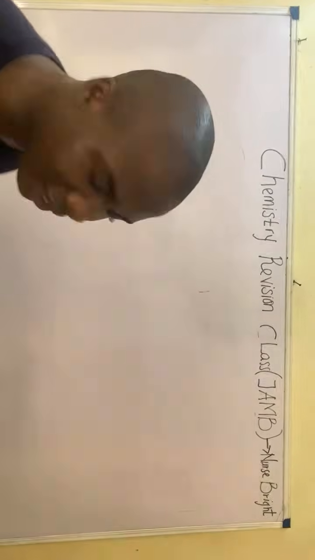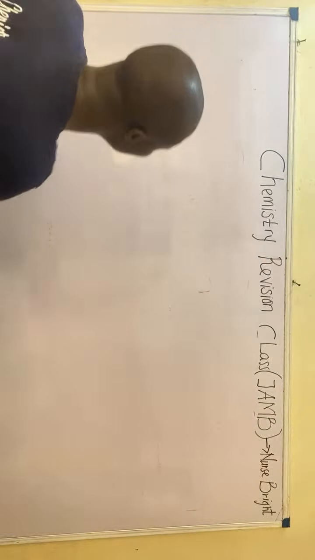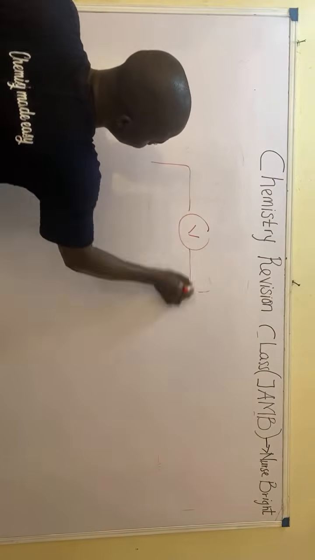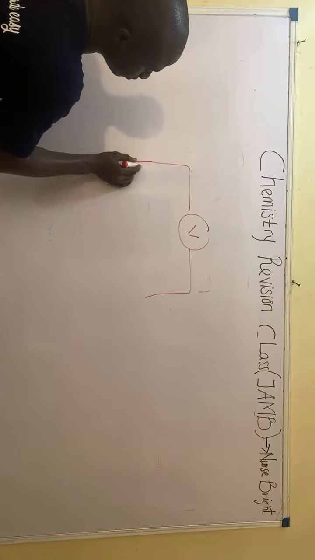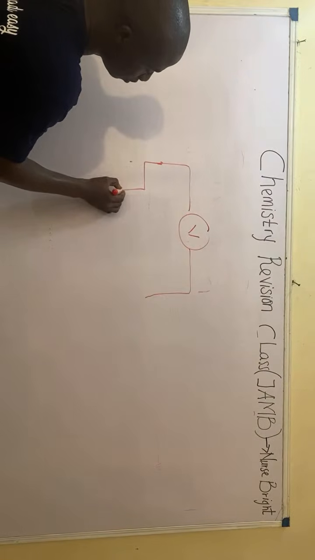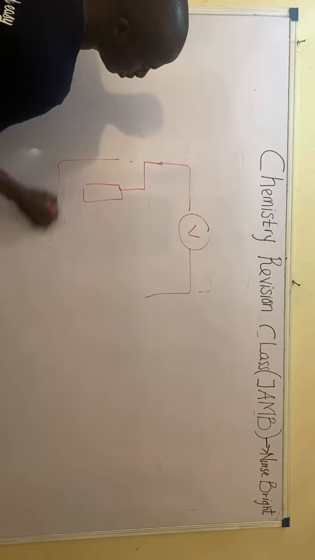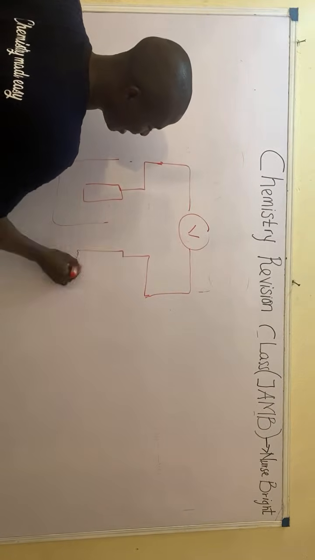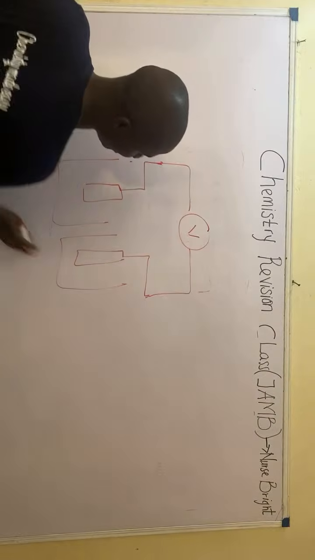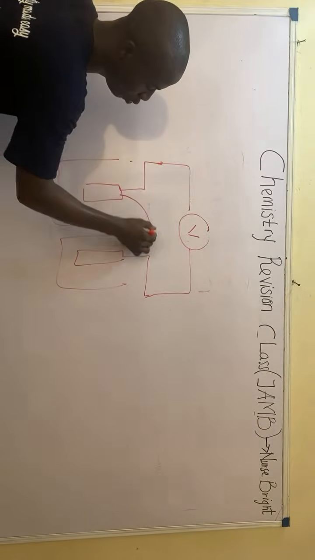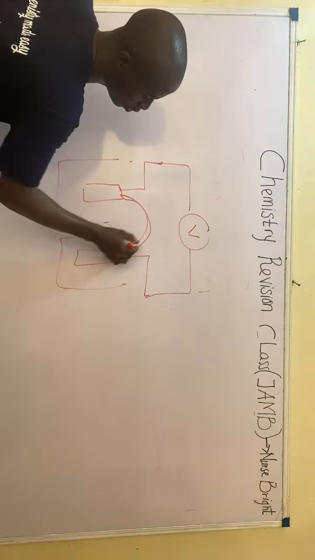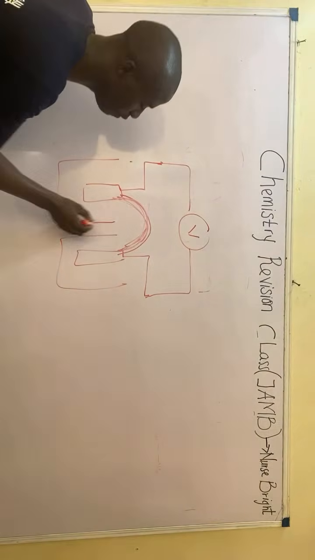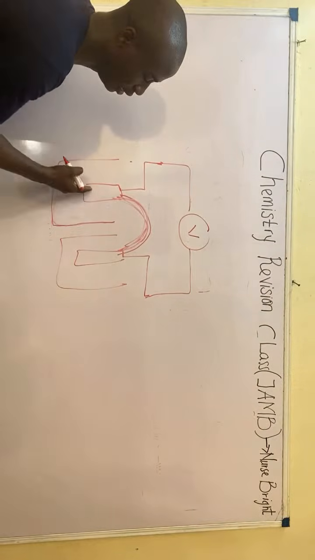Another thing about the electrochemical cell is that there is a voltmeter here. Now I'm just drawing the diagram quickly. There is something that holds these electrodes together. It's called the salt bridge. The salt bridge basically helps for the transfer of ions from the electrodes.